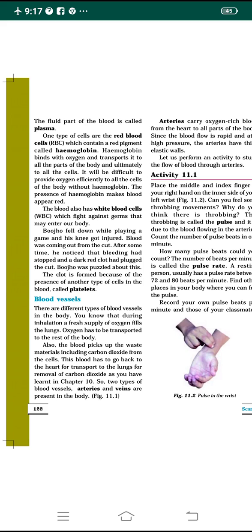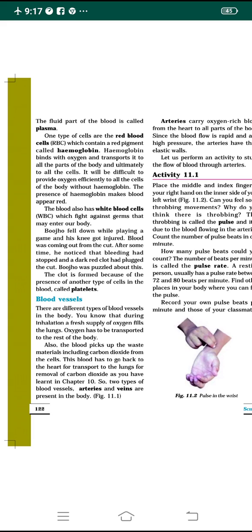Our blood contains RBCs. There is one more type of cell present in the blood that we call white blood cells, or WBCs. These white blood cells fight against the germs that may have entered our body. They are like an army, like soldiers present inside our body.